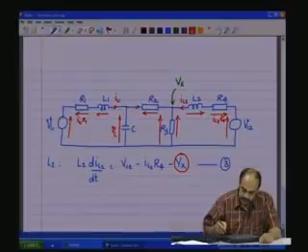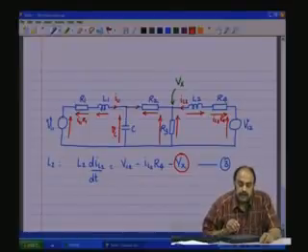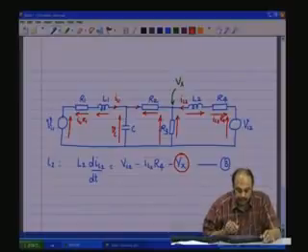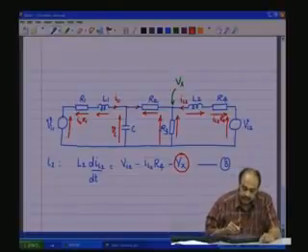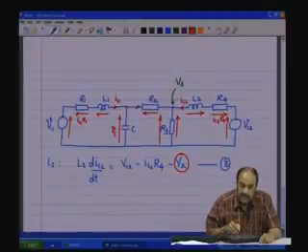So, this is this extra effort that needs to be done in some of the circuits where some of the nodes is not directly a state variable.